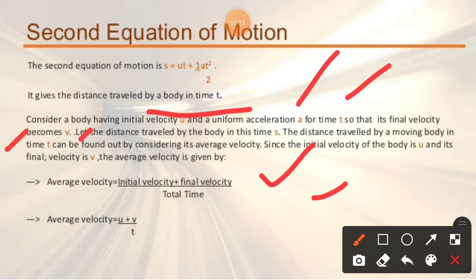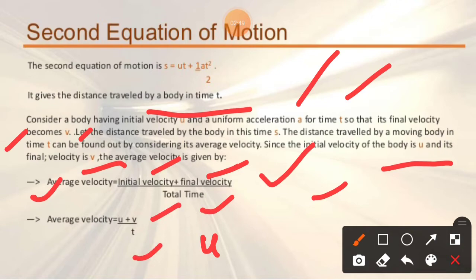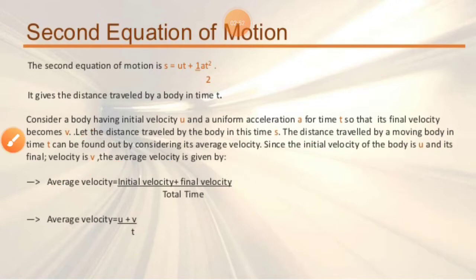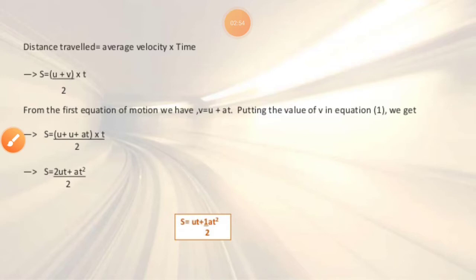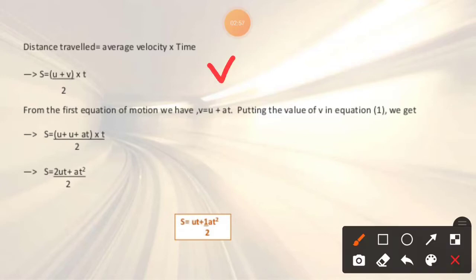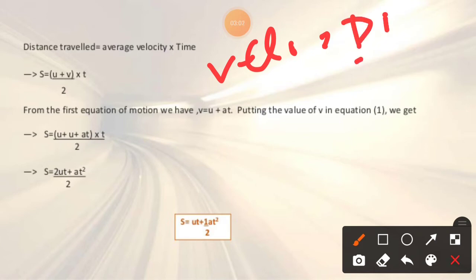Since the initial velocity of the body is u and its final velocity is v, the average velocity is (u + v)/2. We know that velocity is equal to distance upon time.